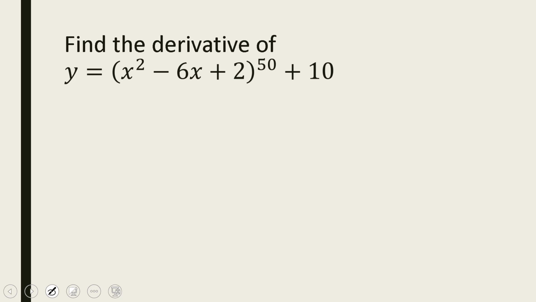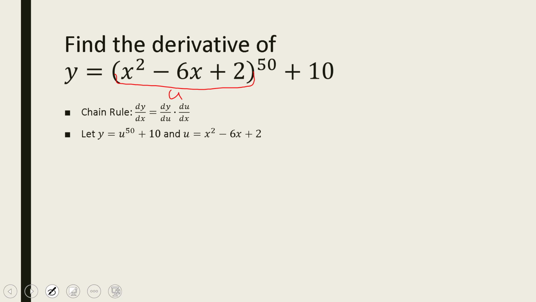Okay, let's do a couple more examples. Let's find the derivative of y equals (x squared minus 6x plus 2) to the 50th plus 10. So recall that's the chain rule. We want to break this down. Well, this thing here is going to be u. So we can say y is equal to u to the 50th plus 10.